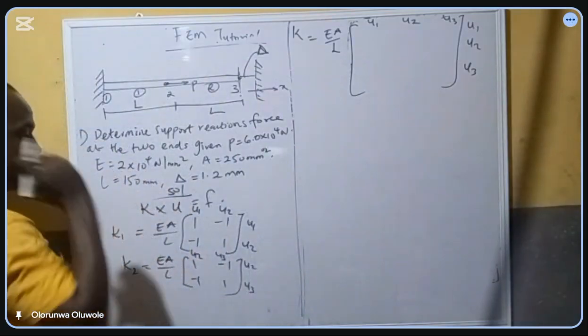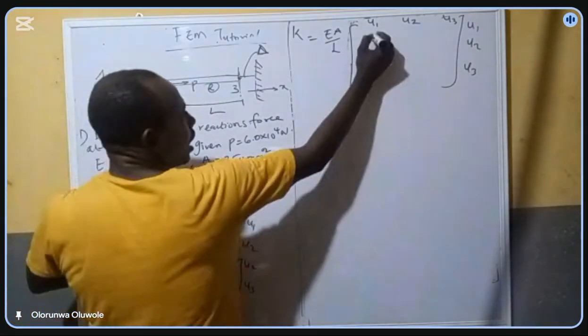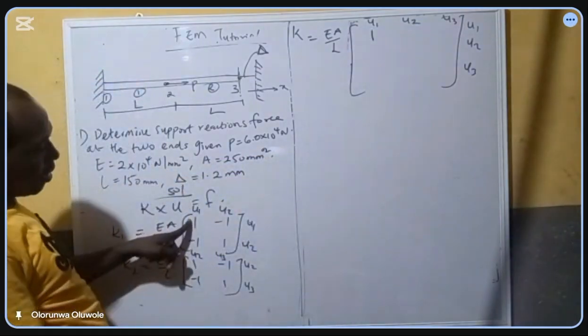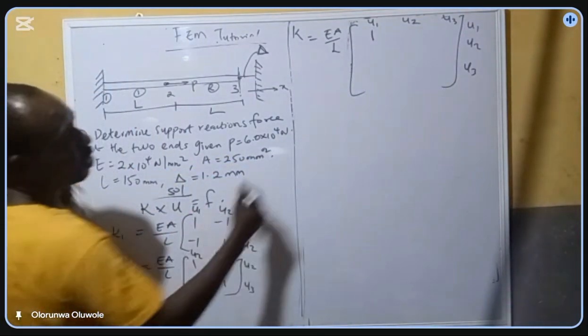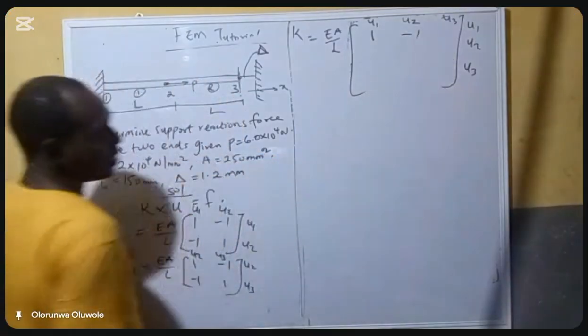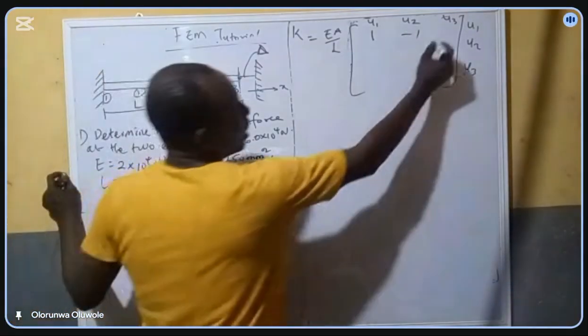Do you get that? Then start. My U1, U1 is 1, is here. My U2, U1, U2, 1, -1, -1. My U3, U1, I just have U3, U1, so it's 0.